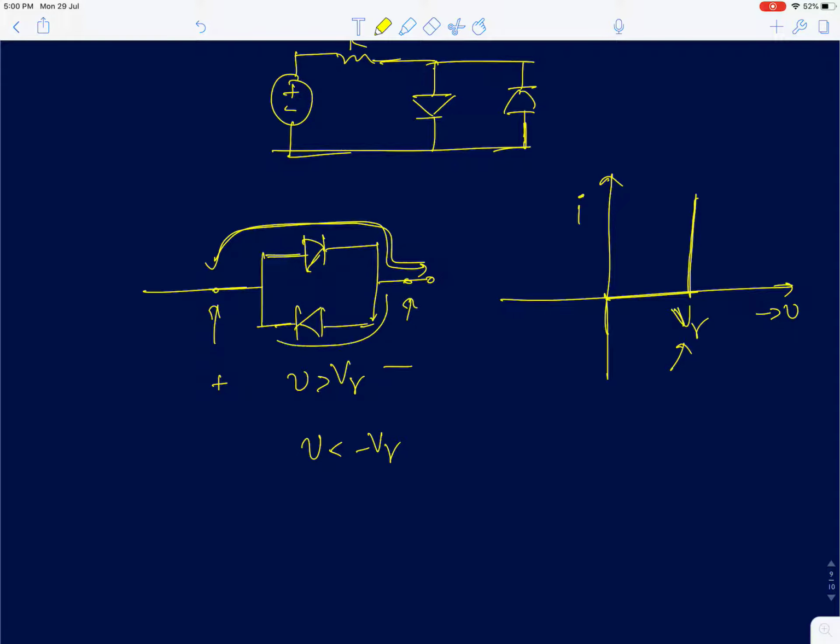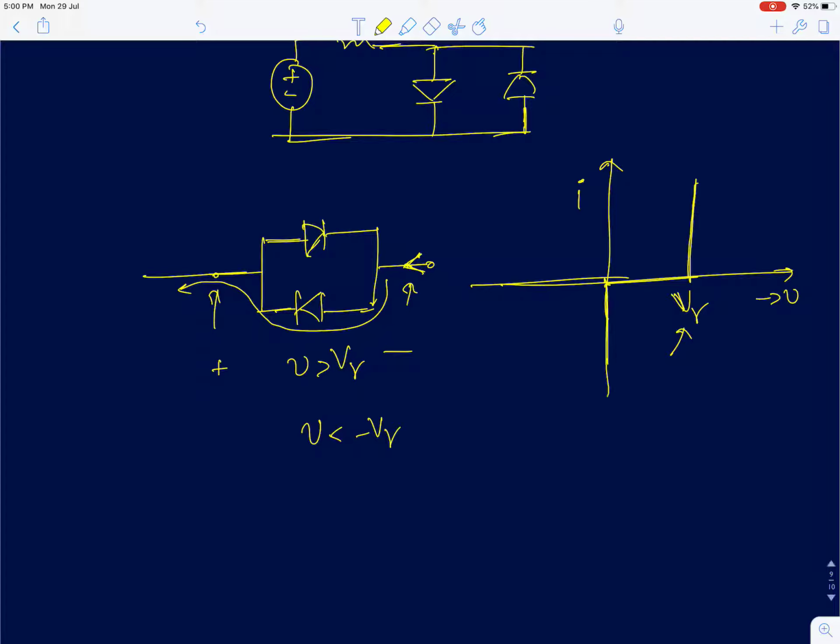When the voltage is less than minus V gamma, then this diode will conduct and this diode will not conduct. The current will flow in this direction. So I can say the current is negative when your voltage is less than minus V gamma, and you will have a current flow in this direction.